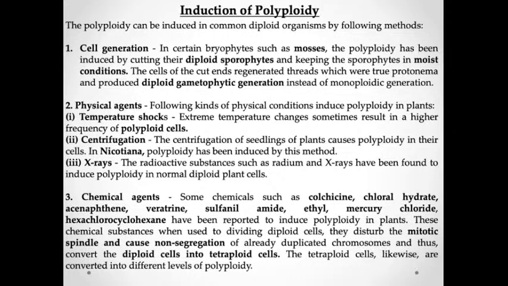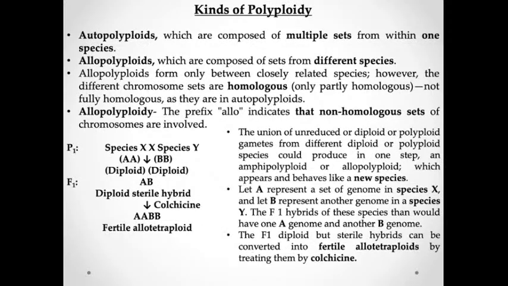It could be done with the help of physical agents, cell generations, or chemical agents. Among physical agents, it could be temperature, centrifugation, X-rays. Among chemical agents, you can use colchicine, as we have discussed, chloral hydrate, acenaphthene, veratrine, sulfanilamide. All these chemicals could be used to increase your number of chromosomes.